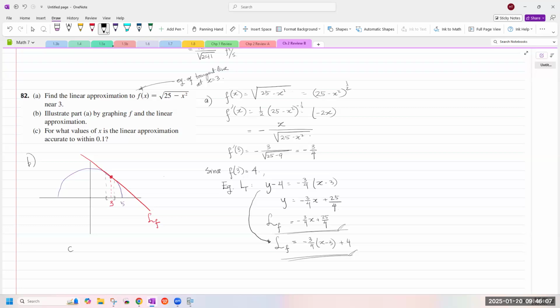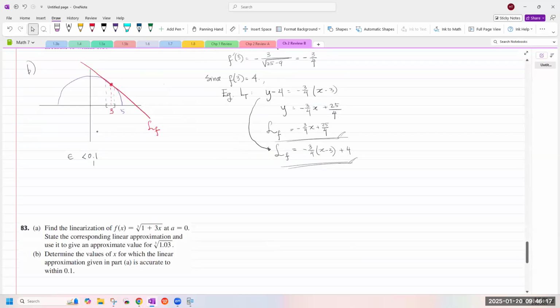In other words, the absolute value of the square root of 25 minus x squared minus the approximation using that line is less than 0.1. We need to solve for x there, which I don't think I will do, but that's basically what it means.